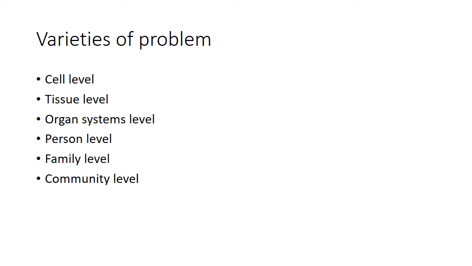So when you think about any problem, you need to analyze the varieties and the variables, and find out at what level the problem could be: cell level, tissue level, organ systems, person, family, or community.